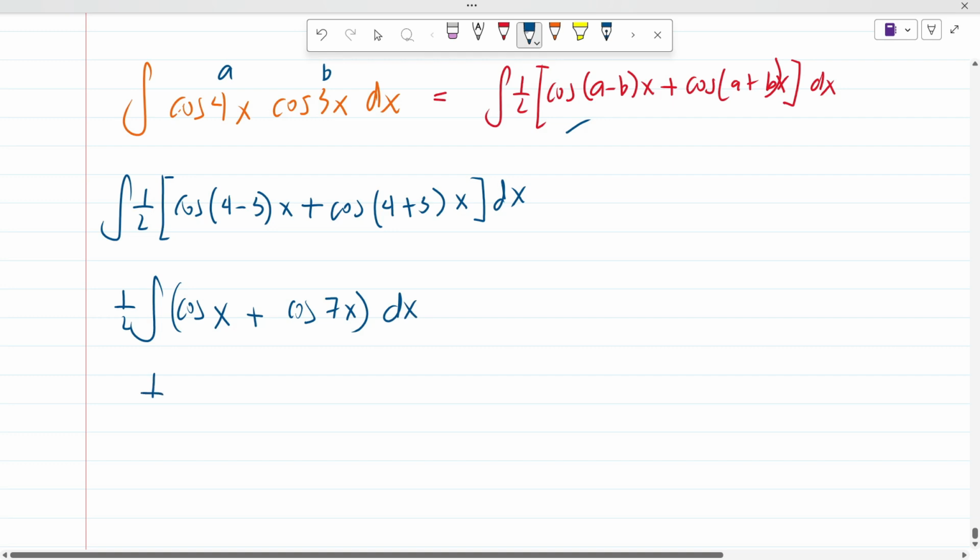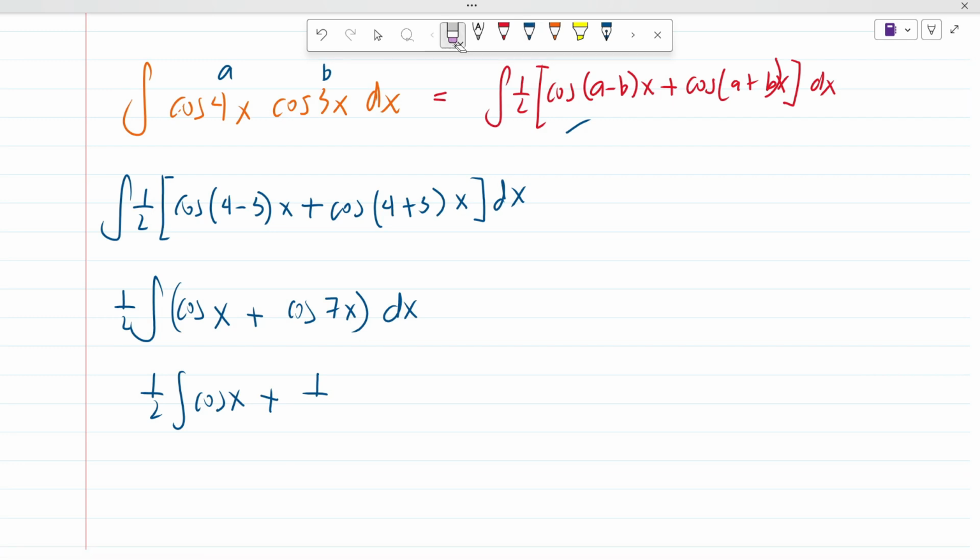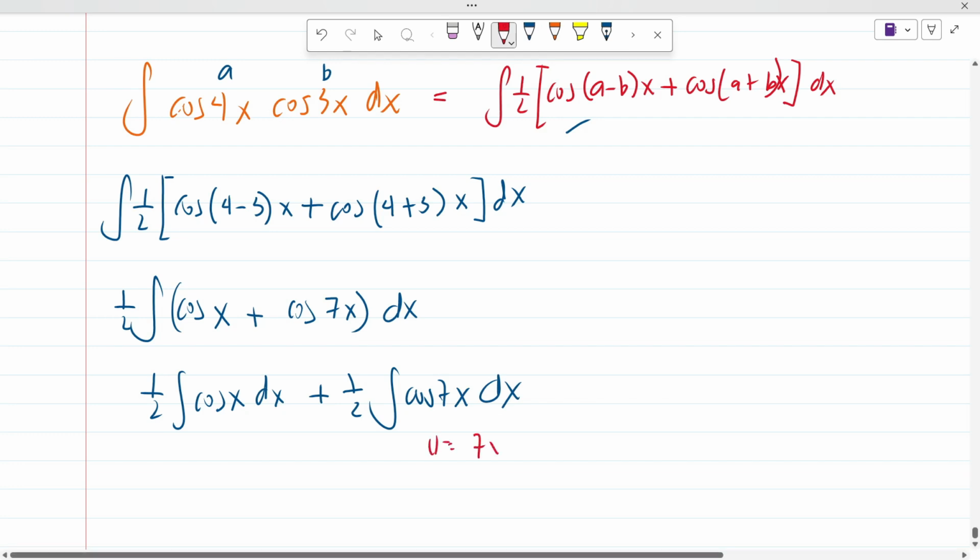So integrate them one by one, and the 1 half is substituted. So 1 half cosine of 7x dx. For this one, the value of u is 7x, du is 7 dx, while dx is equal to du over 7. Get it?